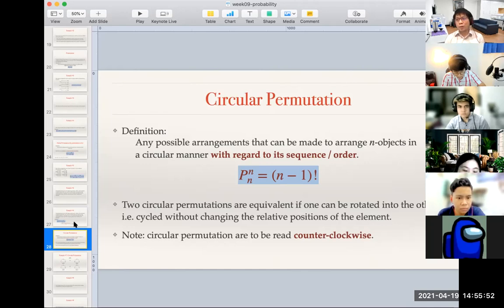Let's say people want to buy a train ticket at the train station. People need to stand in a queue. In this case, what will be the shape of this queue? Will it be in a linear form or circular form?